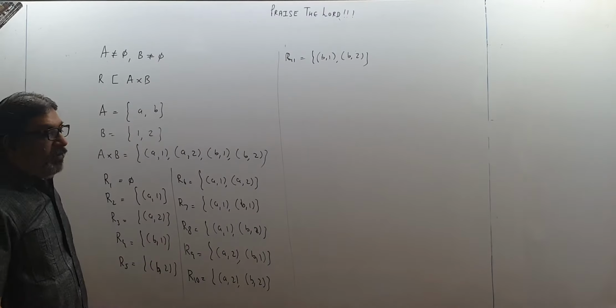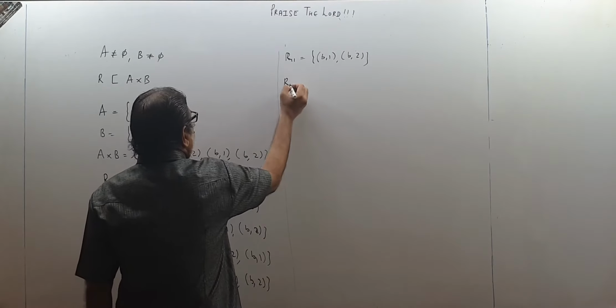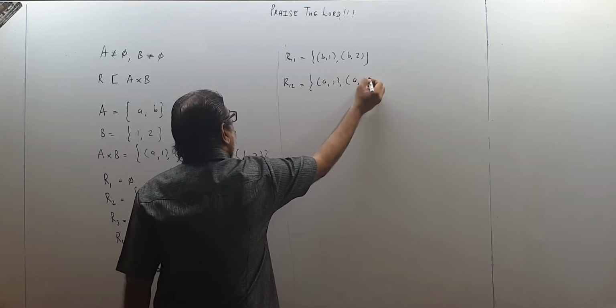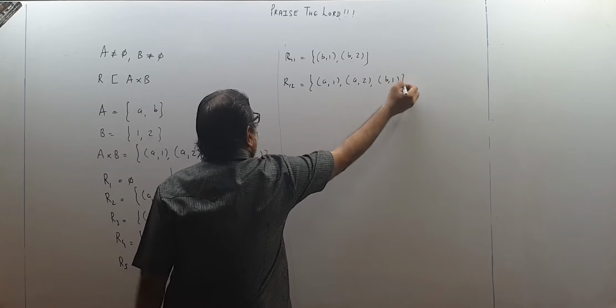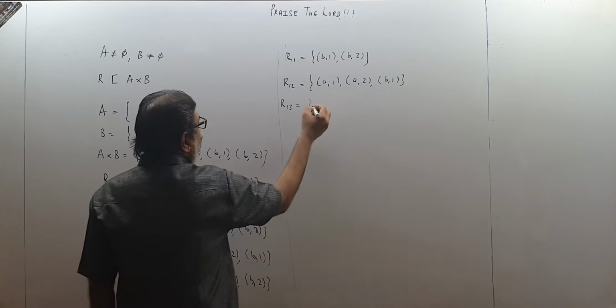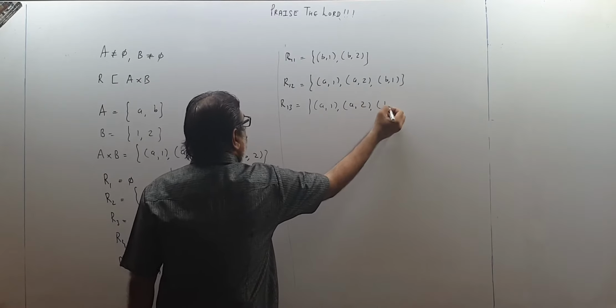Then I write 3 elements, 2 are over, 3. So first element I leave out b2. I write a1, a2, b1. Then I leave out b1, a1, a2 and b2.